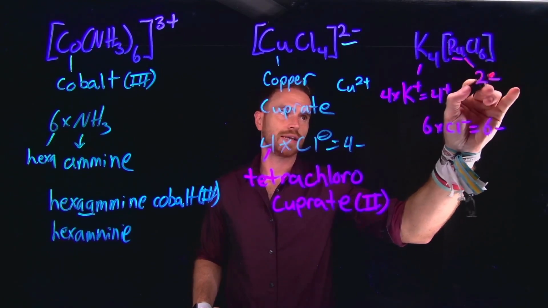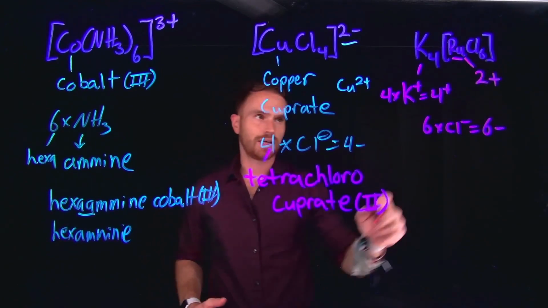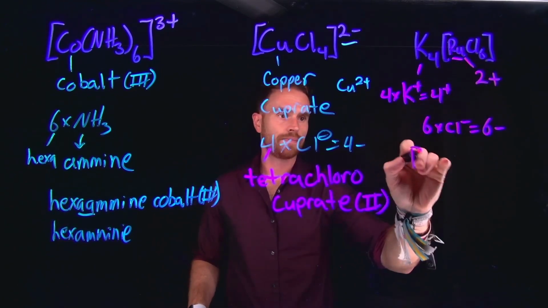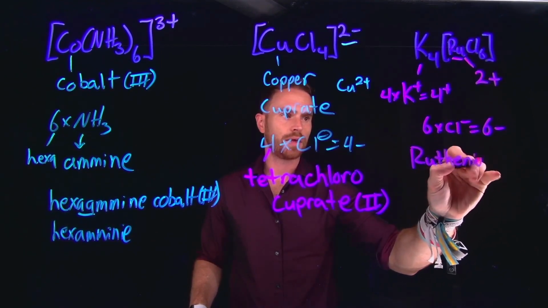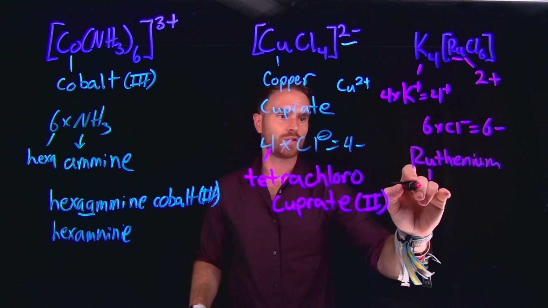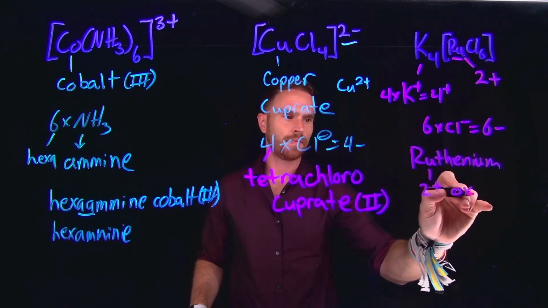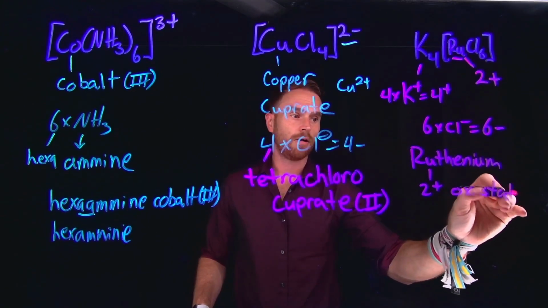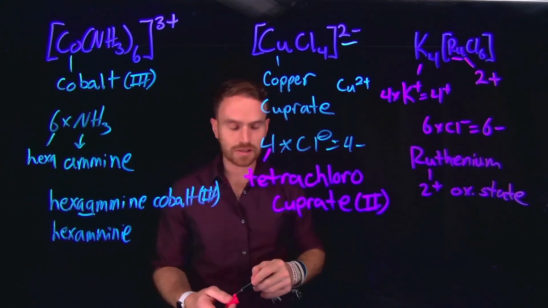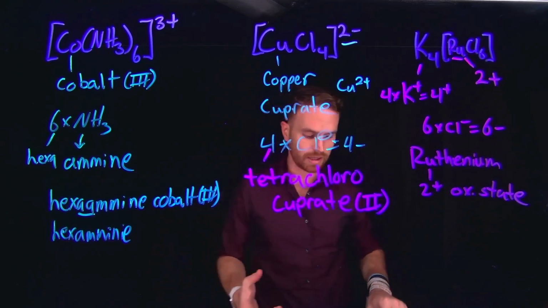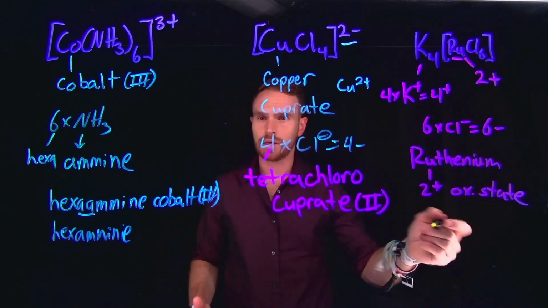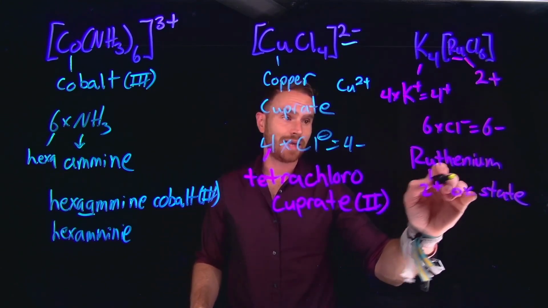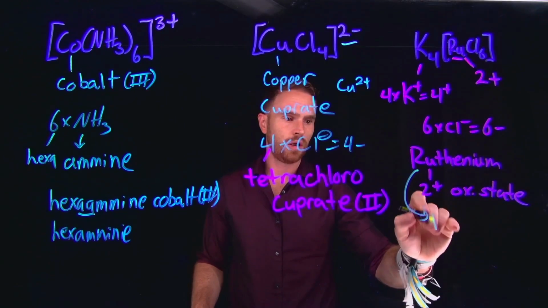Now, if I go to the periodic table and look up Ru, that is ruthenium, and importantly, it has a 2+ oxidation state. Now, remember that this part of the complex ion is negatively charged, which means that I can't just call it ruthenium. So I actually have to change the ending to ruthenate.